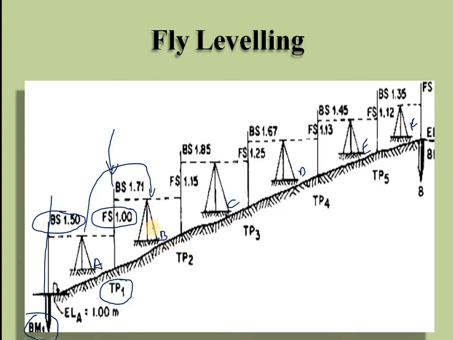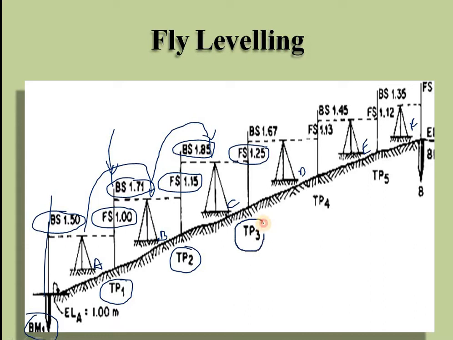Coming to station B, we observe BS 1.71 on the staff, and rotating the instrument to the right side, the FS is 1.15. Again changing the instrument from the second point B to the third point C, we observe TP2, turning point 2, wherever FS and BS are taken. BS is 1.85 on the staff, and FS is 1.25. This is known as turning point 3.